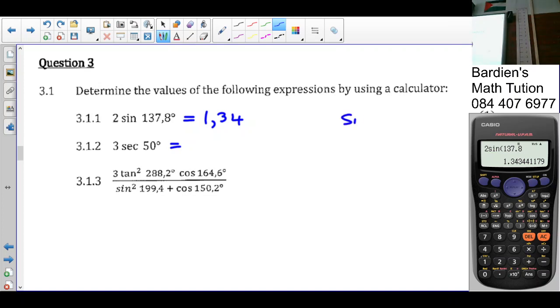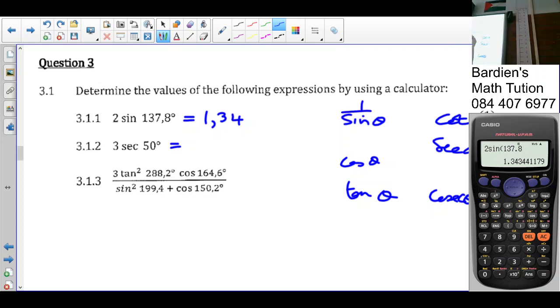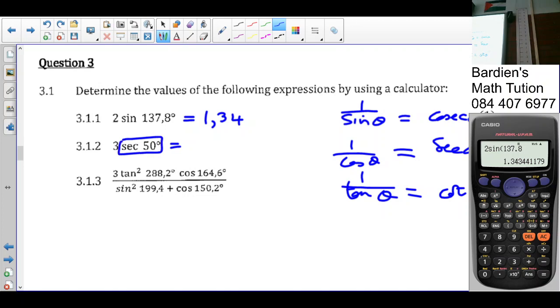Okay, the next one is sec. As we know, you've got sine, cos, and tan. Then we've got cot, sec, and cosec. Okay, so 1 over sine is cosec, the other way around: sine, cos, tan, cot, sec, cosec. Okay, so 1 over tan is cot, 1 over cos is sec, and so on. So remember that the 3 is only a coefficient.